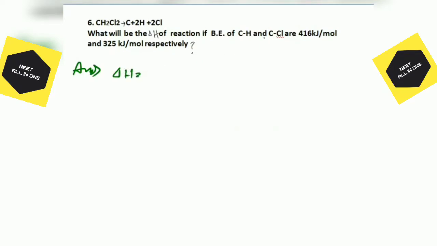You can see that the values of C-H and C-Cl are given. So let's just write them and the value will come itself, right? Let's write the formula first, that is summation of bond energy of reactants minus summation of bond energy of products.